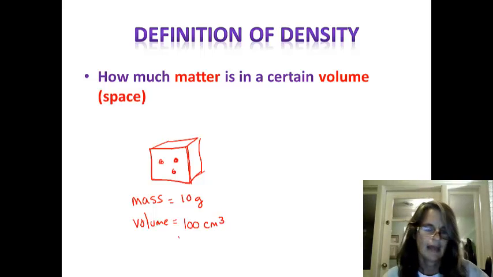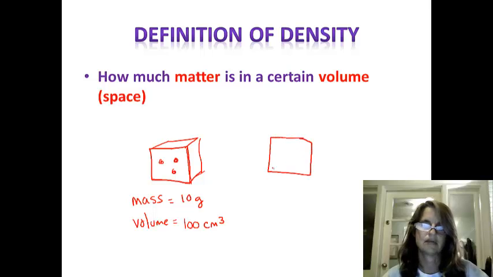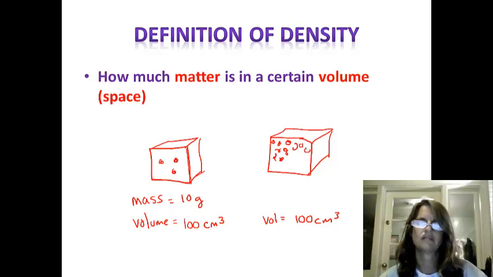Now, if I got a second box, the same size, so we know our volume is going to still be that. But I jam this box with as many marbles as I can possibly fit into it. It is just chock full.